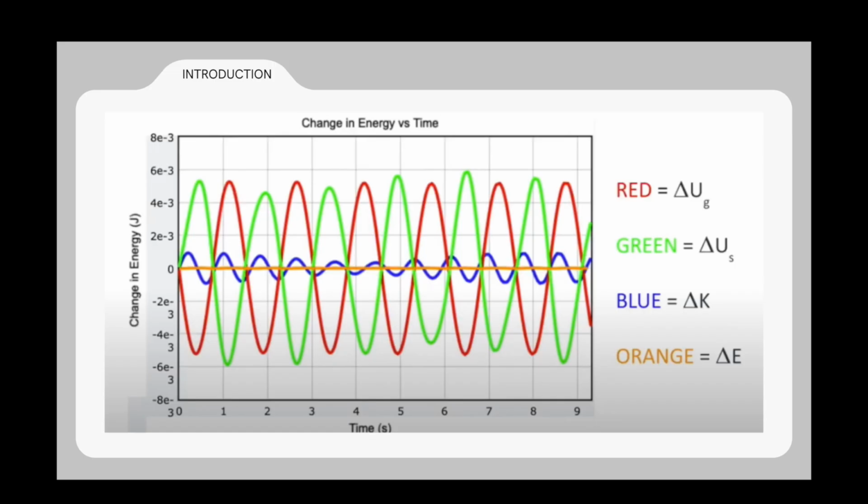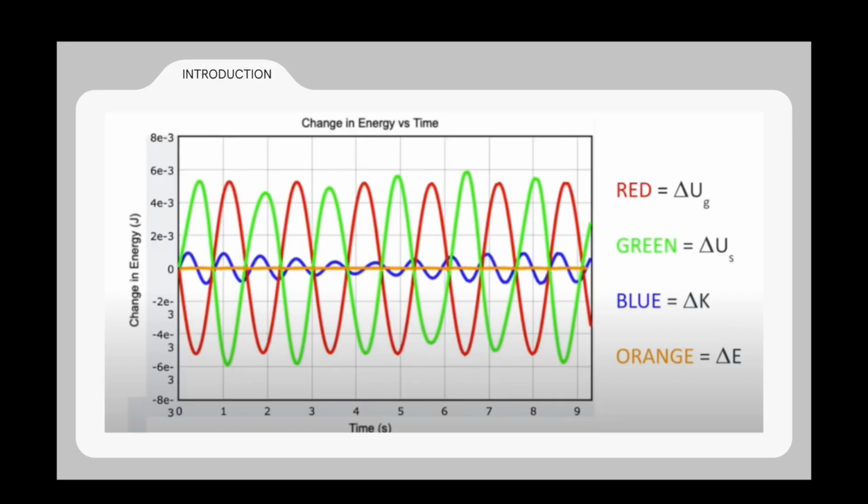As you can see, as potential spring energy increases, potential gravitational energy decreases, and kinetic energy flows in between, having a full oscillation for every half oscillation of the gravitational and spring energy. And the total energy is always constant, which is consistent with the energy principle.